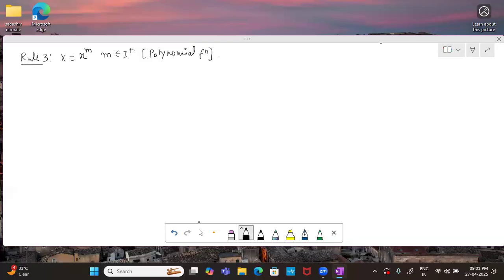Suppose, for example, you are asked to find this PI. See this, first we see the example, so you get the idea about this. x square plus 1, isn't it? In the expression x square plus 1, the maximum power of x is 2 and 2 is a positive integer, so this is called a polynomial function.